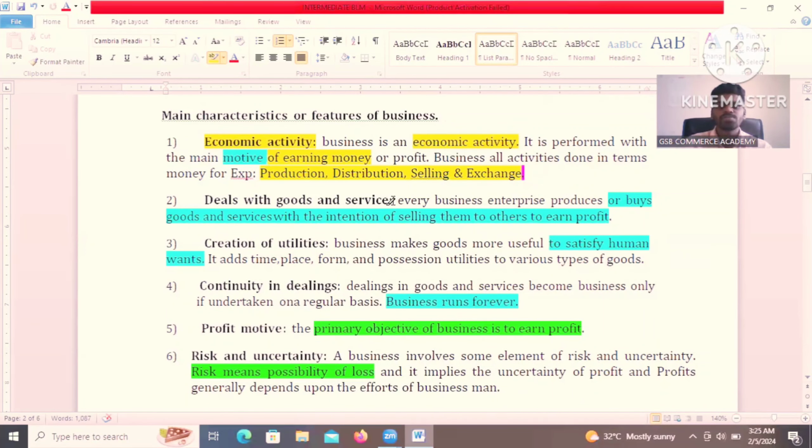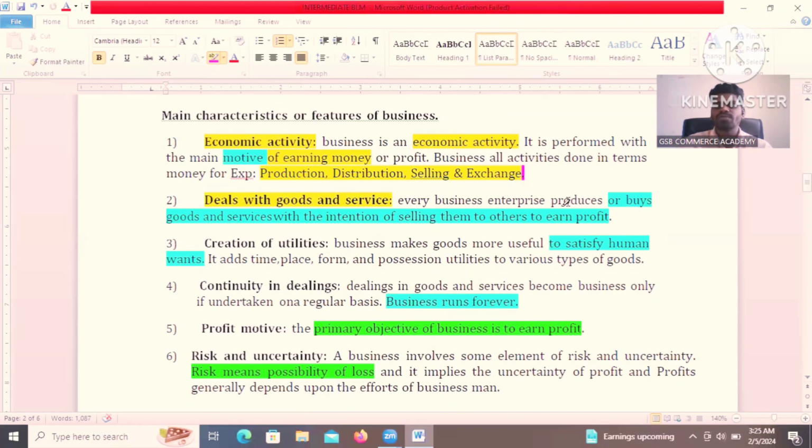The second most important feature is dealing with goods and services. After manufacturing goods and services, in every business the intention is to sell the goods to human beings.